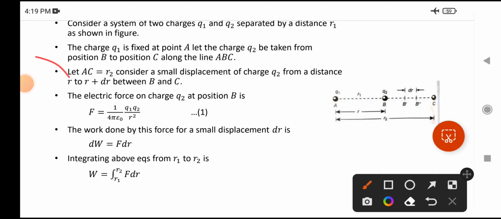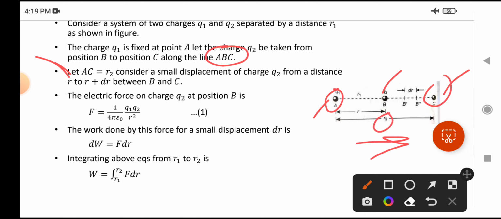Let it move along the line ABC, so that is why ABC is written. AC means the distance from A to C, which is r2.